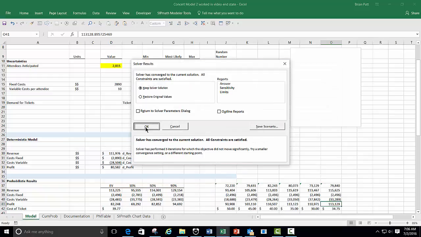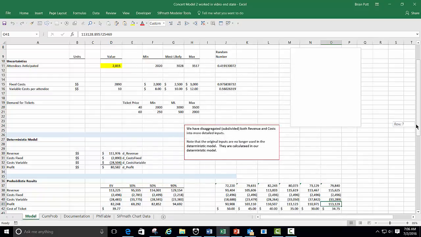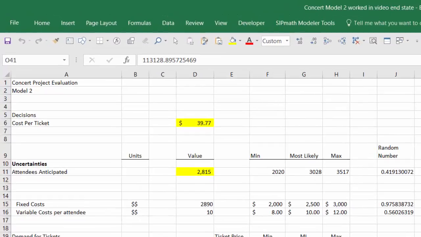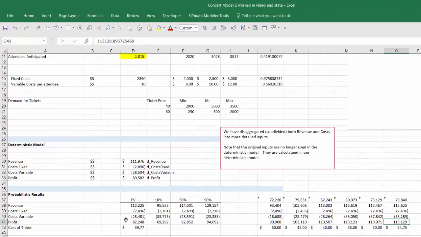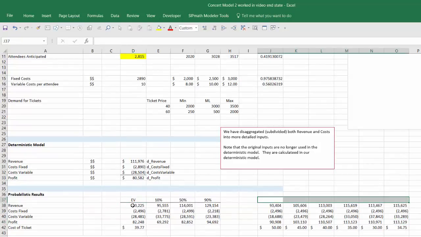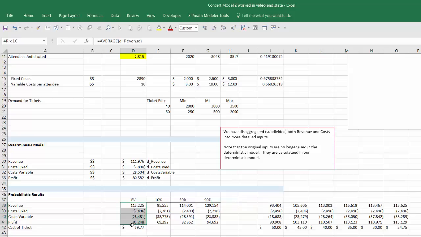We have an answer, and the answer is $39.77. It's also shown down here. So let's copy this result over to our other results.